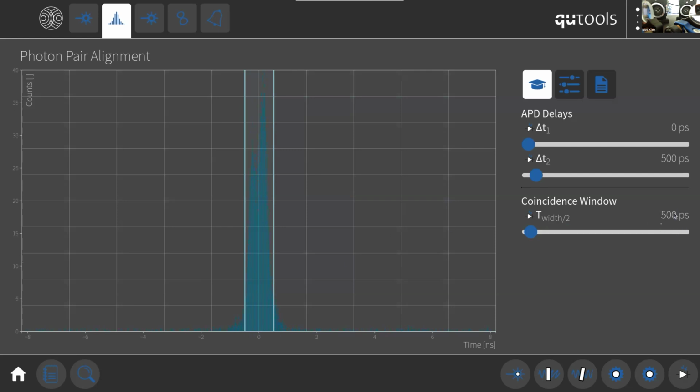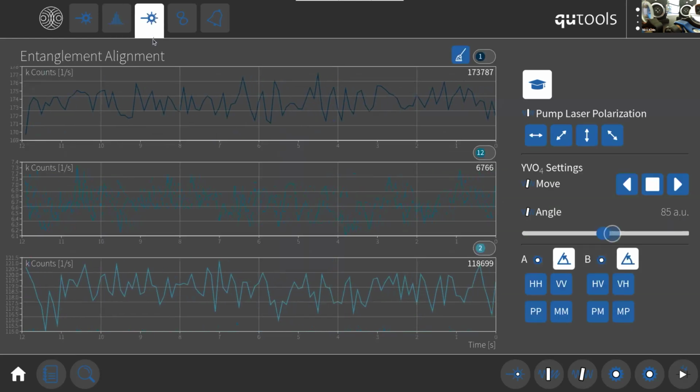So now we have a coincidence window of 500 picoseconds in each direction. And we only use these events as a coincidence because we know they are very probable to come from a pair. It's very, very seldom possible that an accidental coincidence from some room light or whatever happens in this small amount of time. 500 picoseconds is really, really short. And this is how we define coincidences and a pair detection.